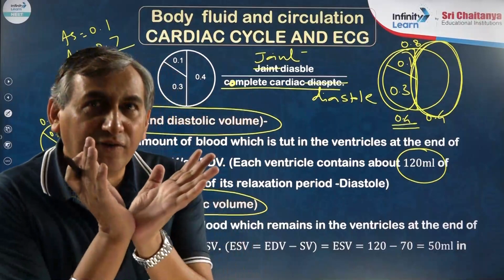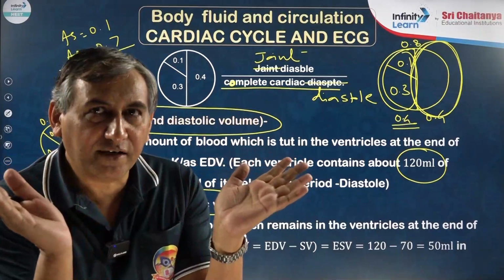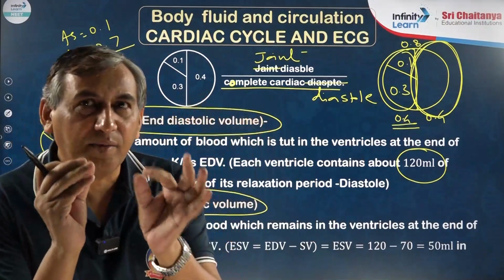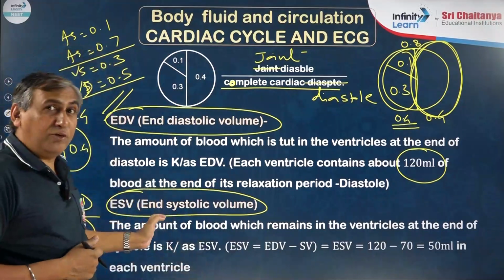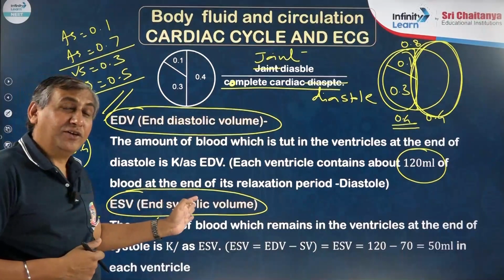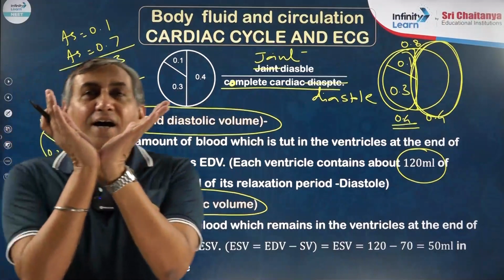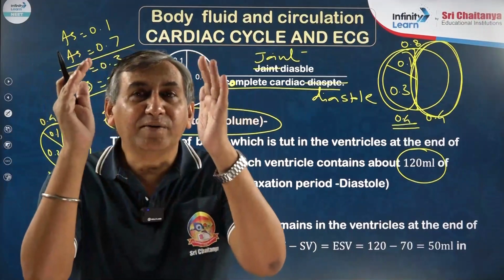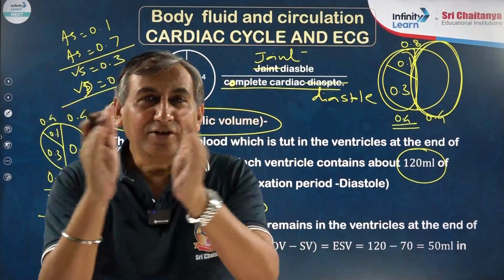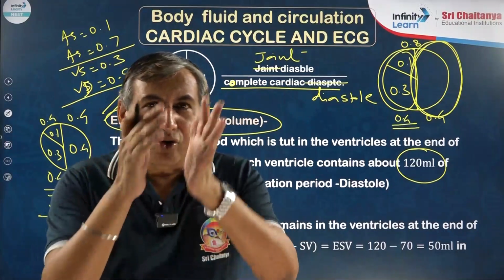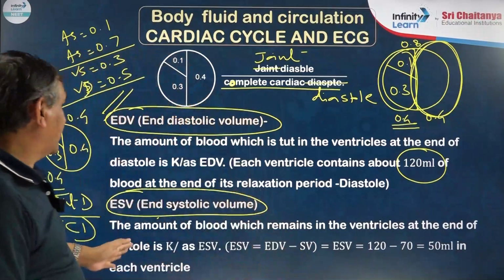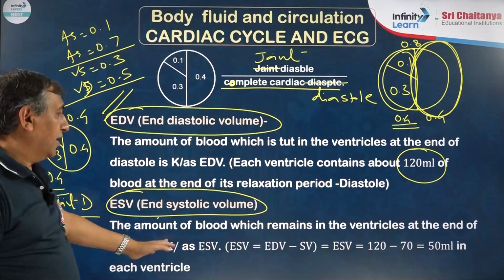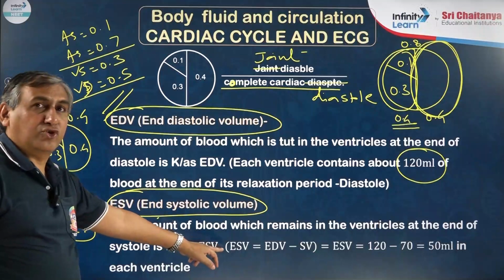At the end of diastole, the ventricles have 120 ml of blood. End systolic volume is at the end of the systole. When the heart ventricles get filled with blood, they contract and the blood goes out. So at the end of systole, how much blood remains in the heart? It is known as the end systolic volume.